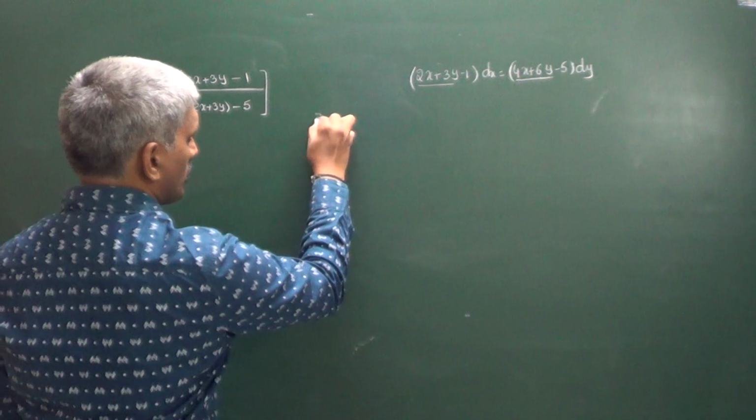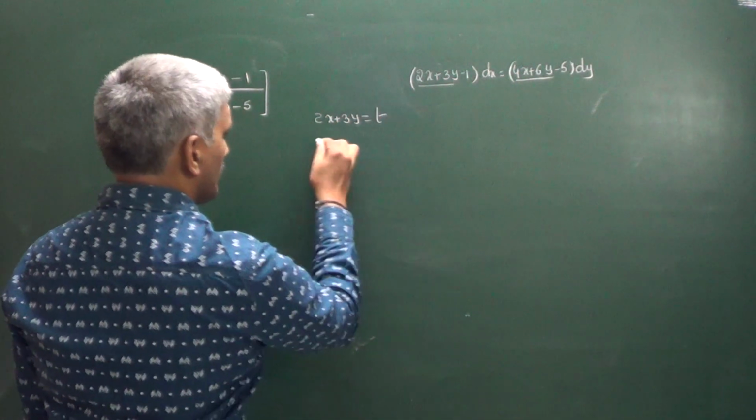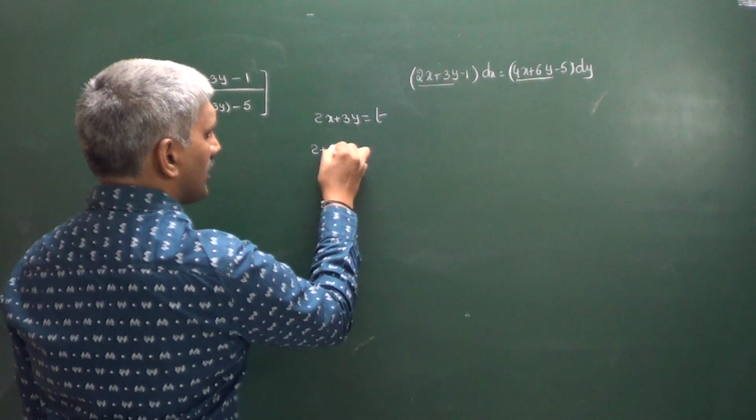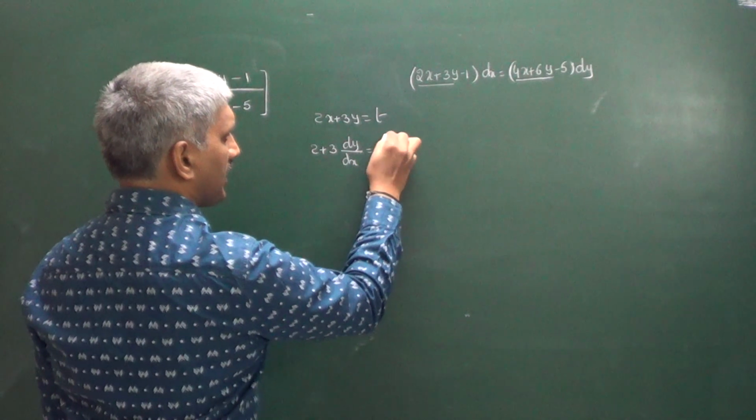Now take the substitution as 2x plus 3y is equal to some t. Then we'll get 2 plus 3 into dy by dx is equal to dt by dx.